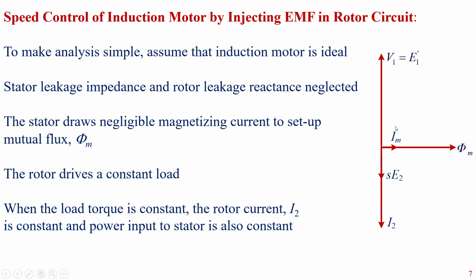The stator draws negligible magnetizing current which lags supply voltage by 90 degrees. The stator flux, the mutual flux, is in phase with the magnetizing current. The rotor induced EMF SE2 lags flux by 90 degrees.